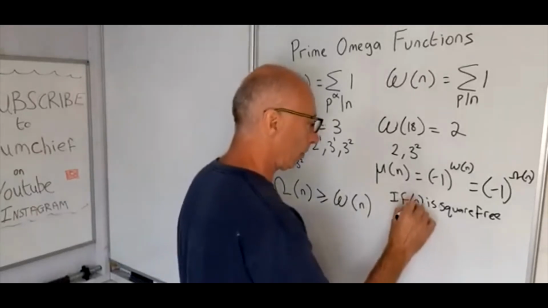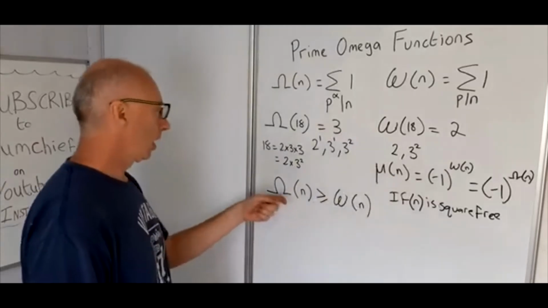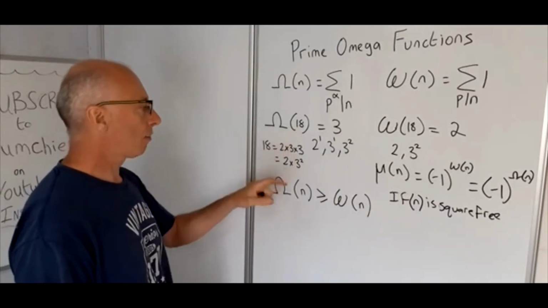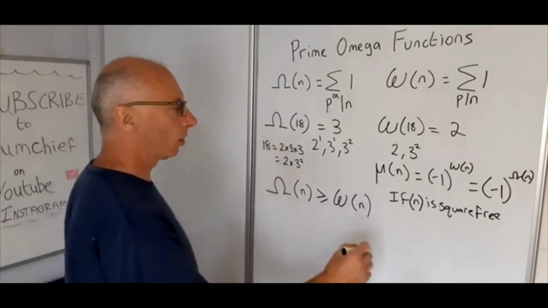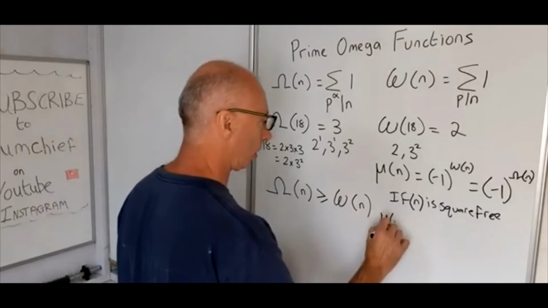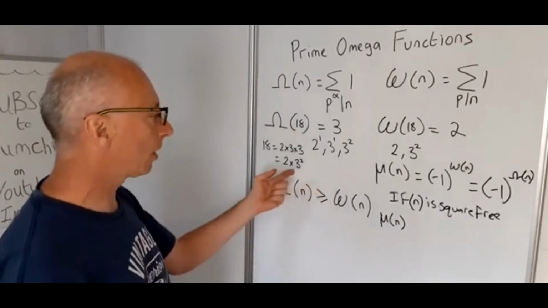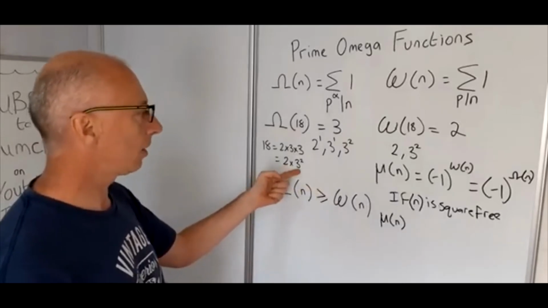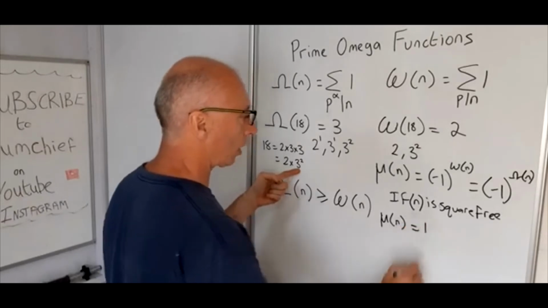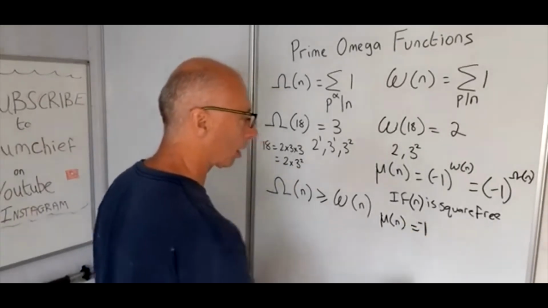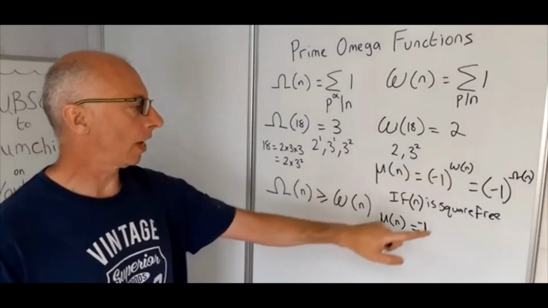So if the number n is square free, so for example, 18 is not square free because it's made up of 3 squared in its prime factors. So therefore mu of n, okay, so that's the number of prime factors. We've got a 2 and a 3. So therefore that takes on the value of minus 1, minus 1 to the omega of n.